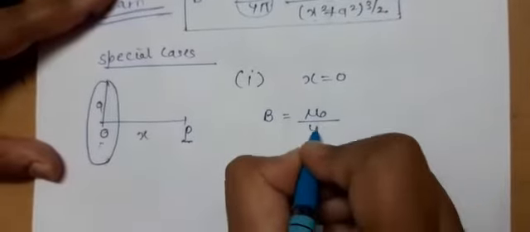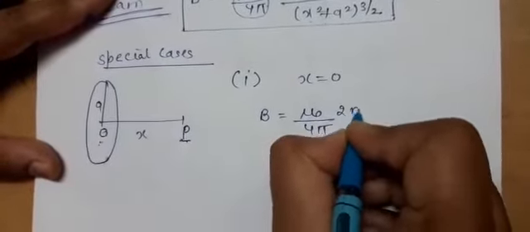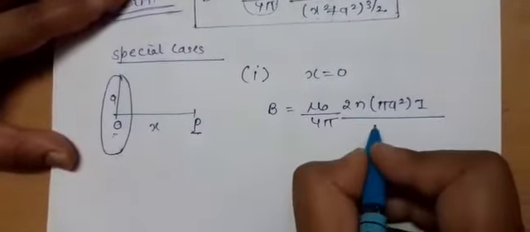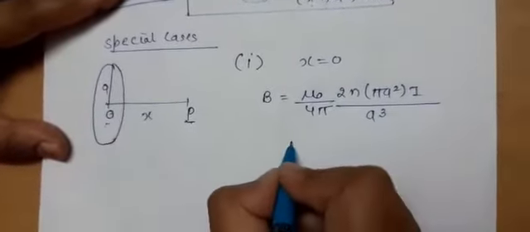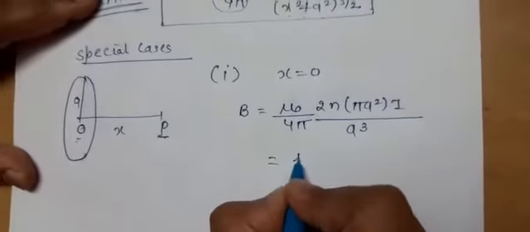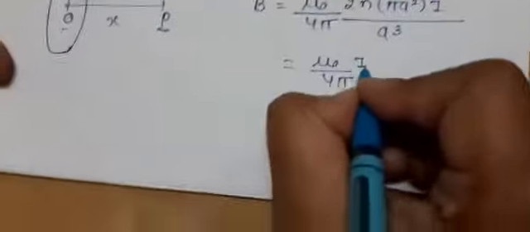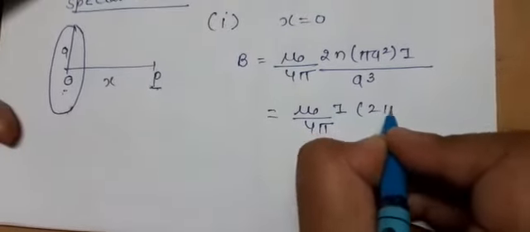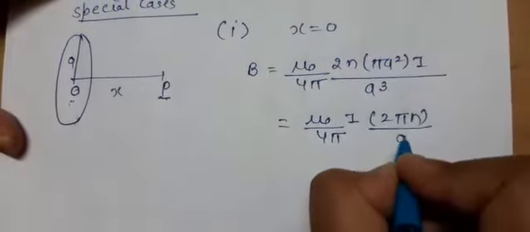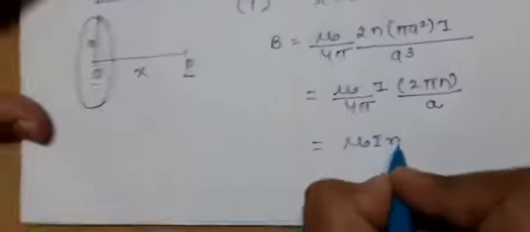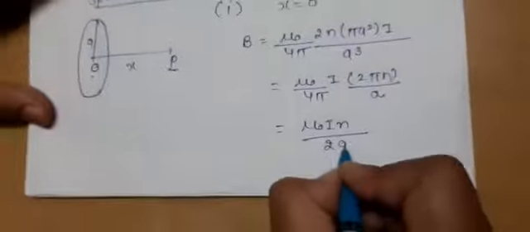Mu naught upon 4 pi, 2n pi A square I upon A cube, since x is 0. So it comes out to be mu naught upon 4 pi I n, 2 pi n divided by A, or you can further simplify it as mu naught I n upon 2A.